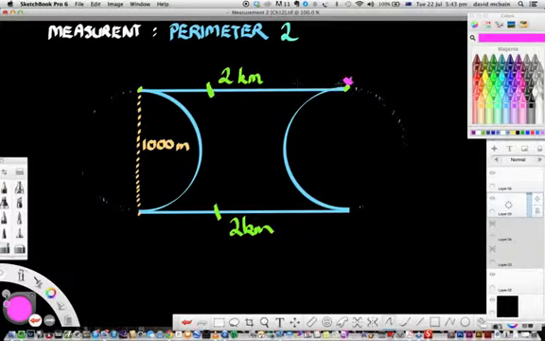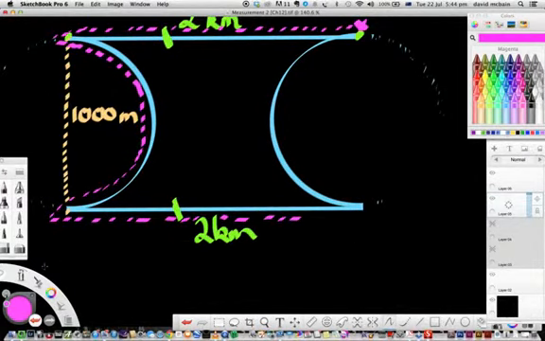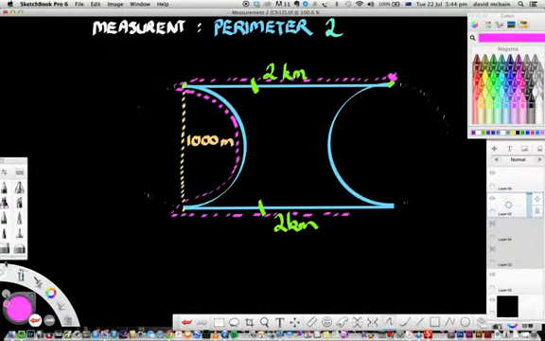The distance around the perimeter will be the distance around the outside, so it's going to be that straight edge along there, and then I'm going to walk around here like this, and then down this side, around this side, and then around that curved part of the shape and back to where I started from. So that's going to be the perimeter of this shape.